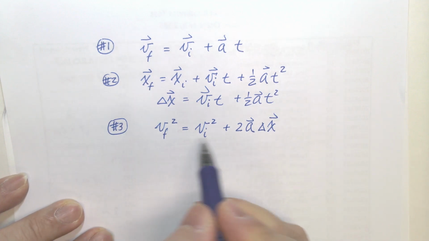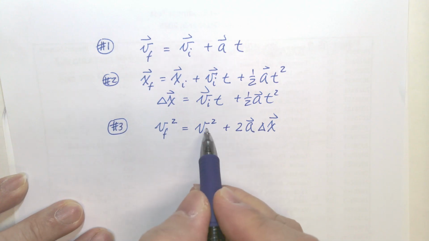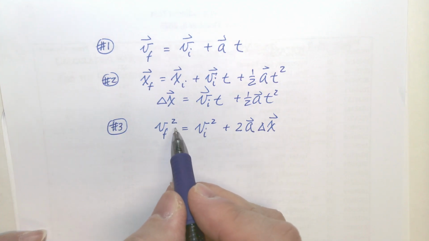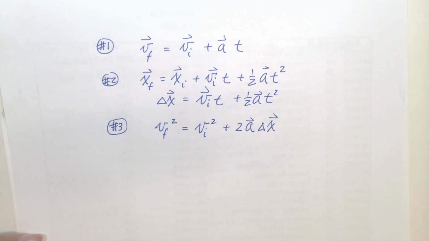Now, VF and VI can be positive or negative, but when you square them, they're always going to be positive. However, when you take a square root, you will always get plus or minus, so you have to pick whether you pick the positive or the negative.